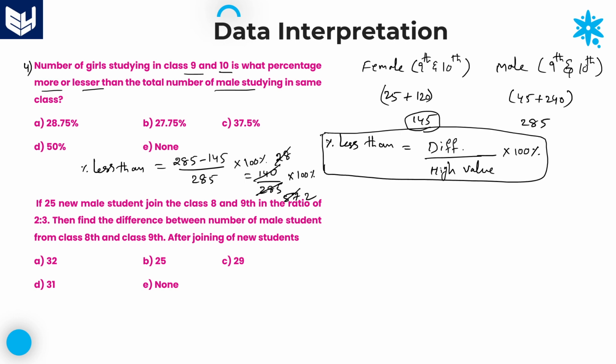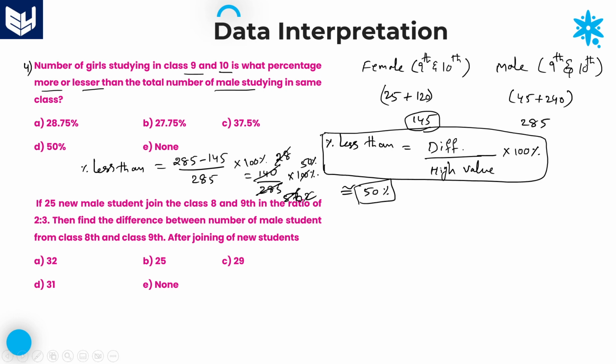Now if you go with the approximations, just look at the value. 28 twos are 56. If you take the denominator value as 56, it is 28 twos are 56, and it is 50 times. Here you will get the answer in approximate manner. The approximate result is 50 percentage.